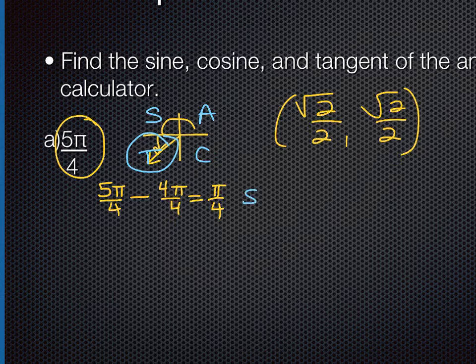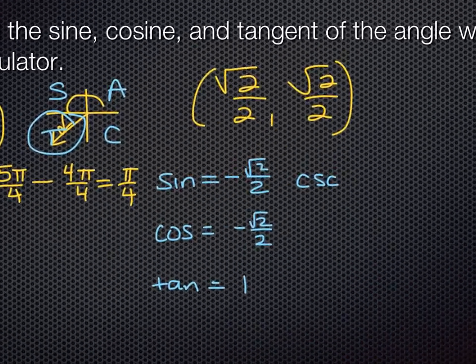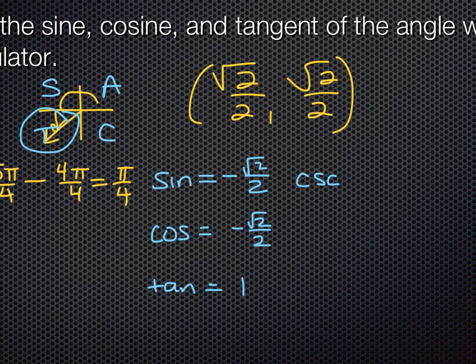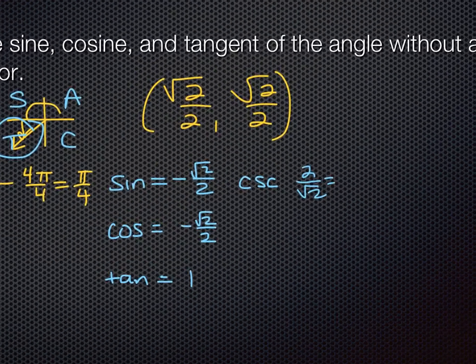So when I go to sine, which is the y, I would do negative root 2 over 2. Cosine would be negative root 2 over 2. Tangent would be root 2 over 2 over root 2 over 2, which is a positive 1. And then cosecant, I would flip negative root 2 over 2, and I would get 2 over root 2, which gets rationalized to negative root 2.